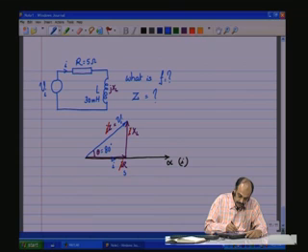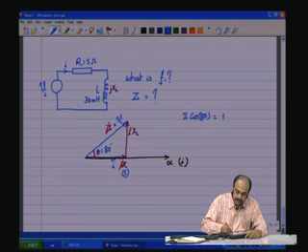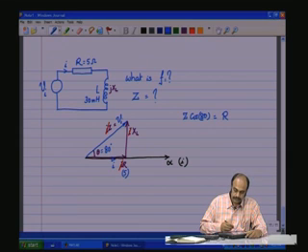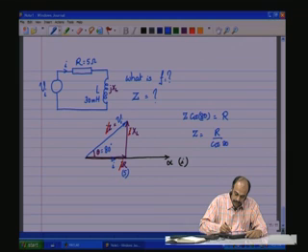R is 5, and therefore, Z cos 80 is equal to R. Therefore, Z is equal to R by cos 80.